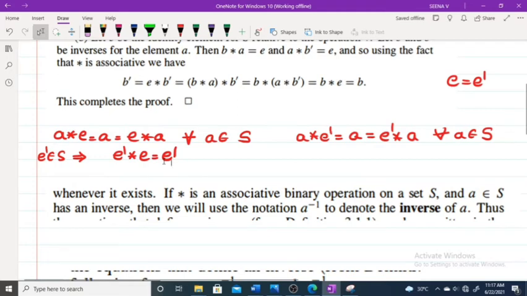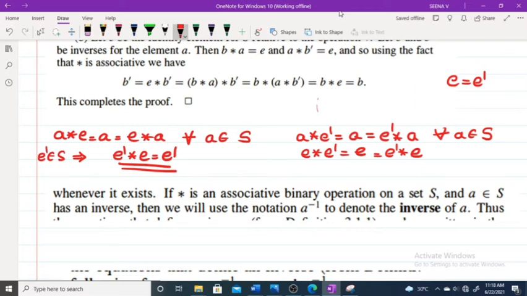Now, as e dash is the identity element, and e belongs to S, we get e star e dash equals e equals e dash star e. If we consider e as identity element, we get this one.